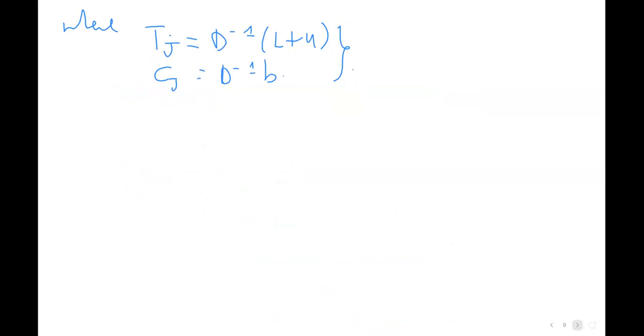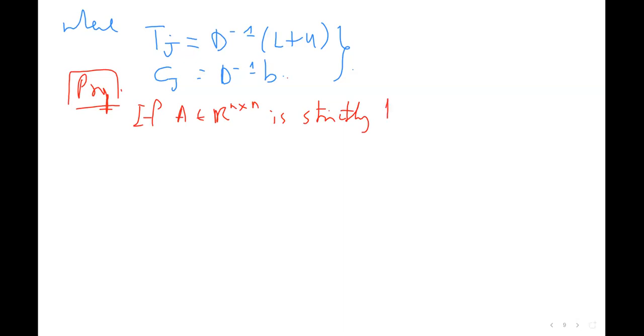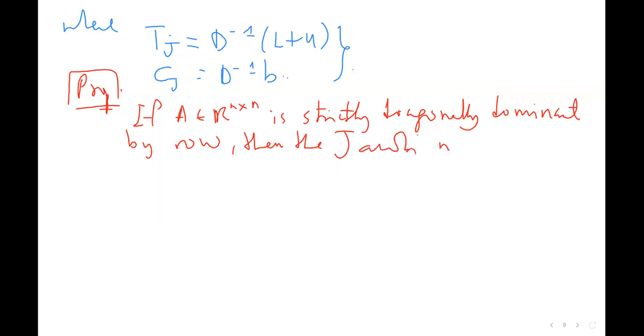Any question? Proposition. If A, an n by n matrix, is strictly diagonally dominant, then the Jacobi method converges.